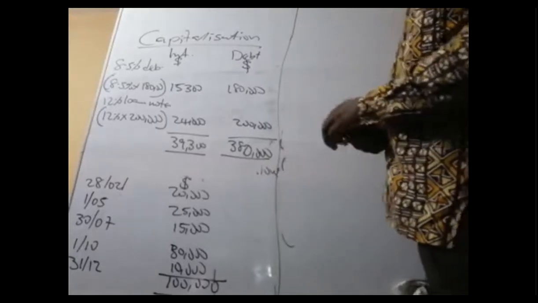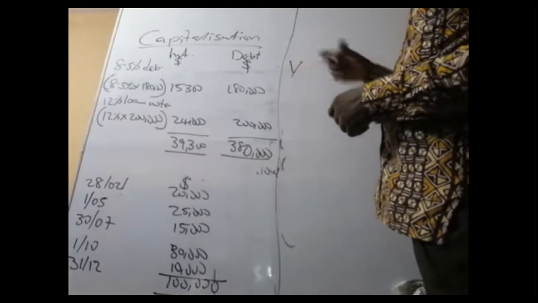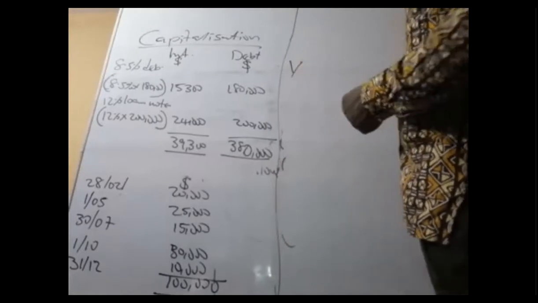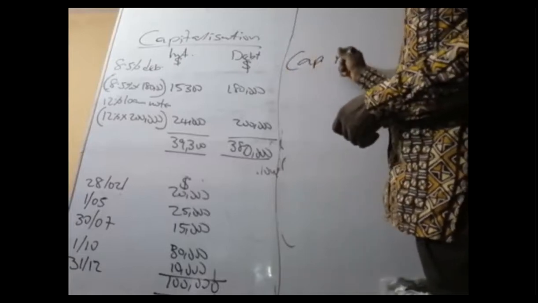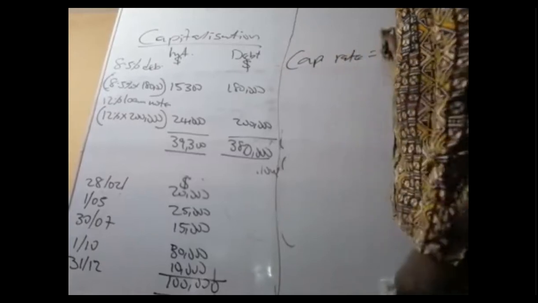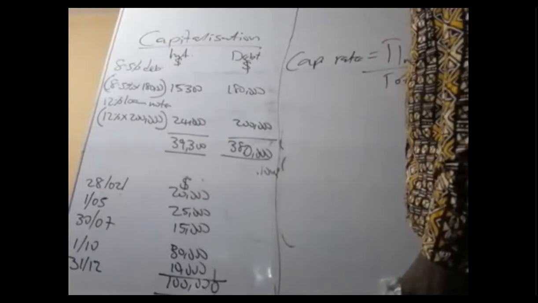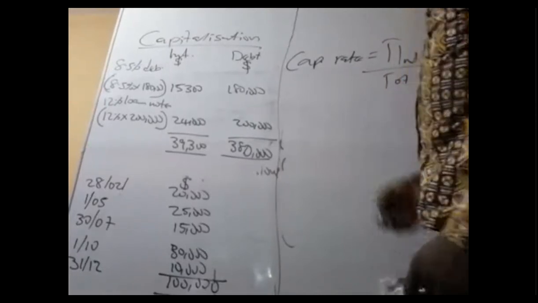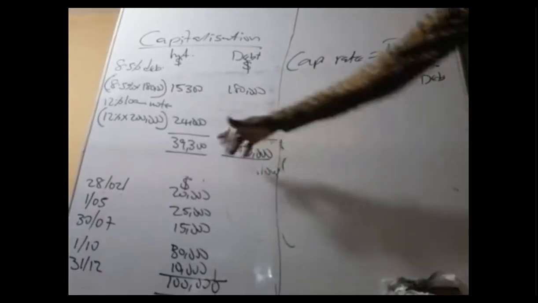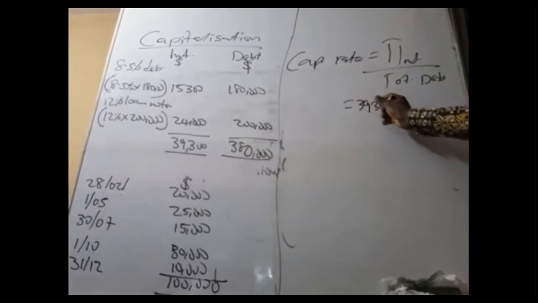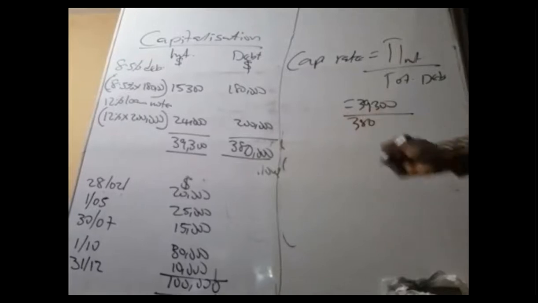Okay, so what happened is this. The weighted capitalization rate, third examiner, the capitalization rate is equal to total interest over the total debt times 100. What's the total interest? 39,300. What is the total debt? 380,000.